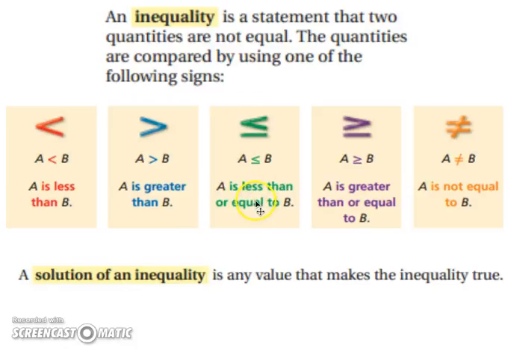In this case, we have A is less than or equal to B, and A is greater than or equal to B. On the far right, we have A is not equal to B.